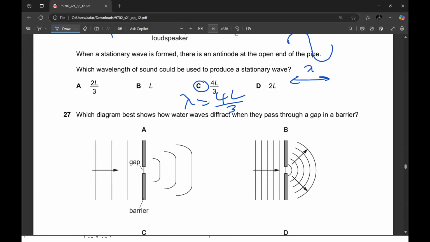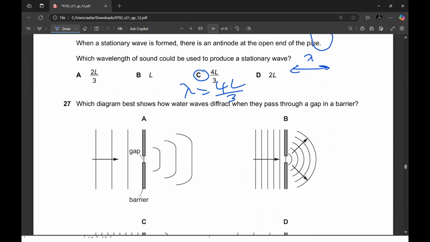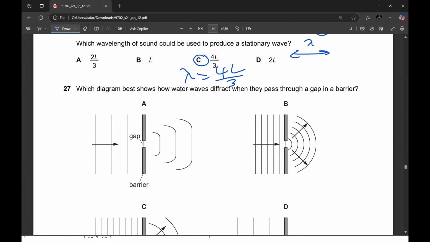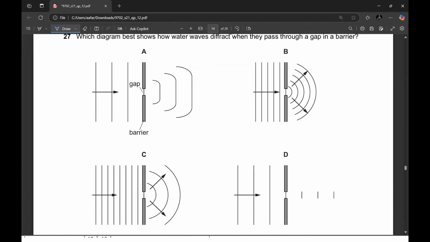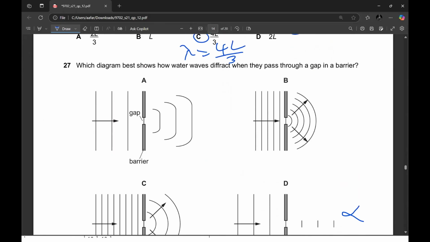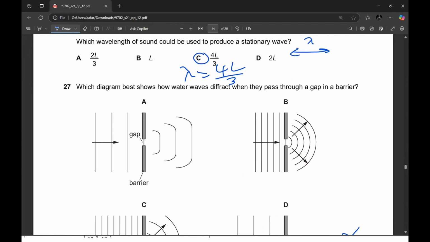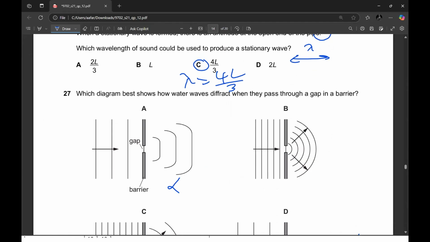Which diagram best shows how water waves diffract when they pass through a gap in a barrier? They don't diffract like this. This also seems a bit suspicious since the gap is very small.